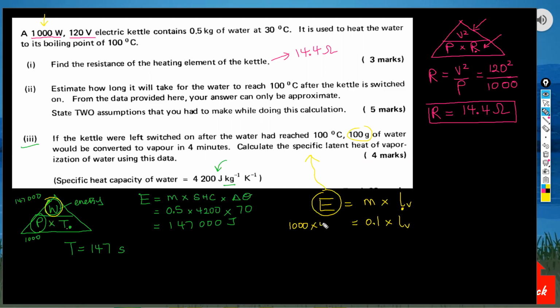So we take that 4 and multiply it by 60. Do you think you can calculate LV now? Multiply this out and then divide to get your answer. Send that final answer.